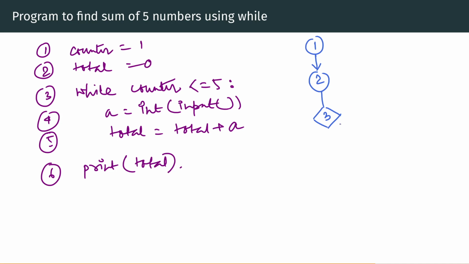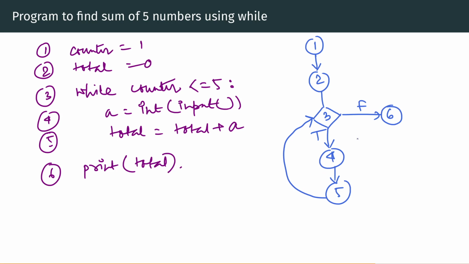If it is true, go to step 4, and then you go to step 5, and then you come back to step 3. And if it is false, you go to step 6.